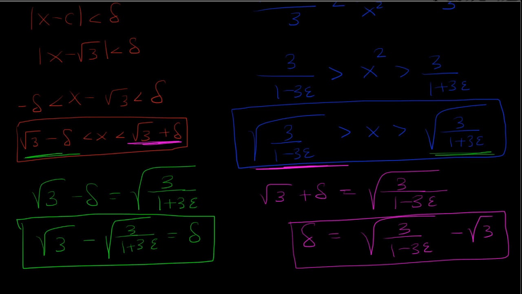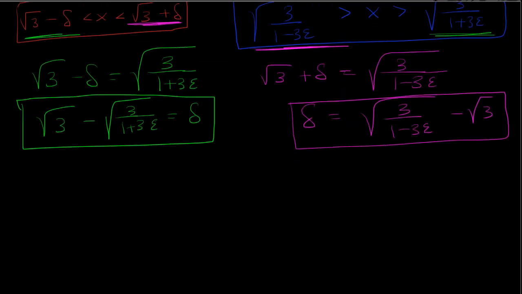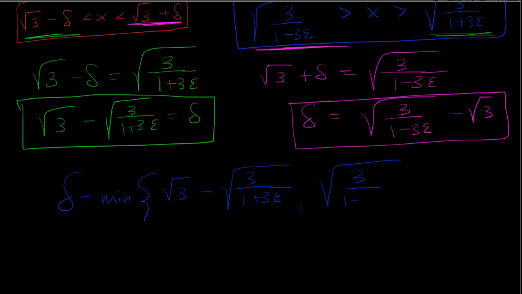Okay, and from here, we just want to find the minimum. So delta will be the minimum of root 3 minus root 3 over 1 plus 3 epsilon and root 3 over 1 minus 3 epsilon minus root 3.